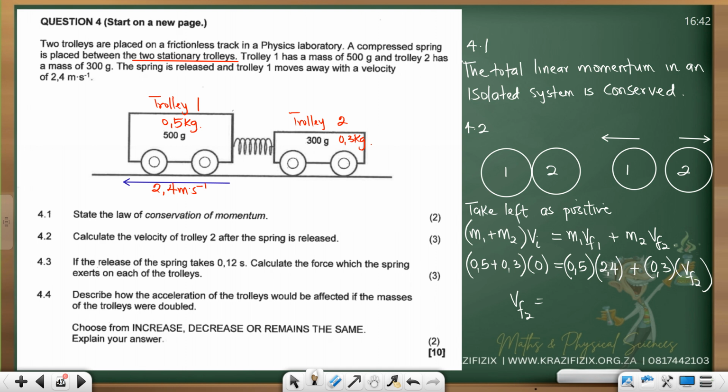Buchmelo, you have a positive answer. Okay. Are you sure? Guys, are you also getting positive 1.5 or negative? Please put the sign. I need to see the maths.